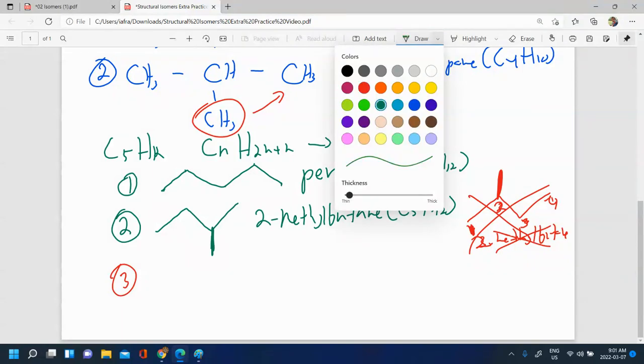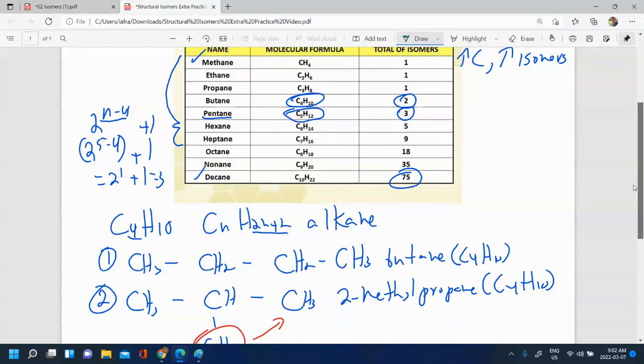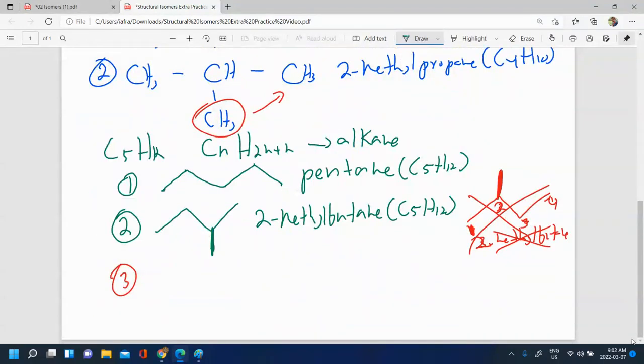So now I'm going to try another strategy. I'm going to see if I can get another isomer of pentane. Let's see if I can make a shorter chain at this point, maybe a propane chain, and perhaps get another branch like that.